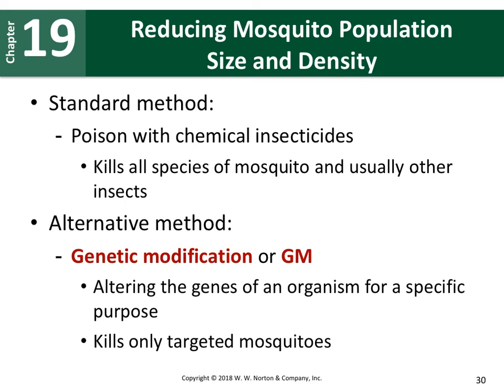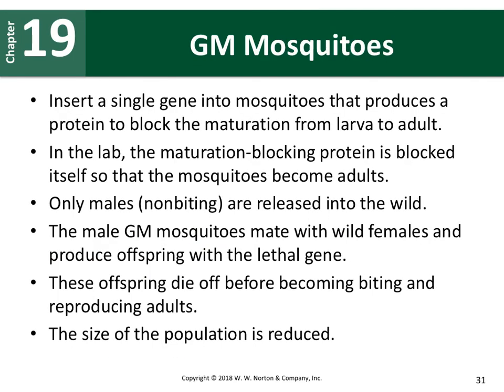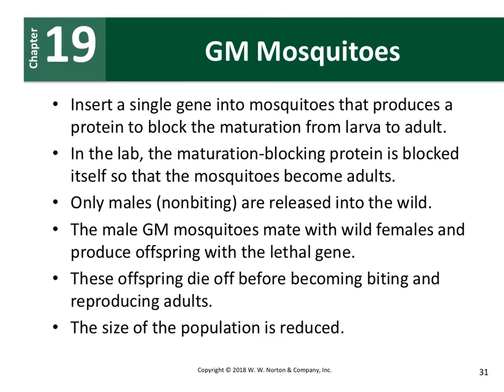they were looking for maybe altering the mosquitoes so that it makes a population crash. Altering the genes of an organism for a specific purpose, this is genetic modification. Okay. And in this case, it only kills targeted mosquitoes. So, insert a single gene into mosquitoes that produces a protein that blocks the maturation of larva to adult.